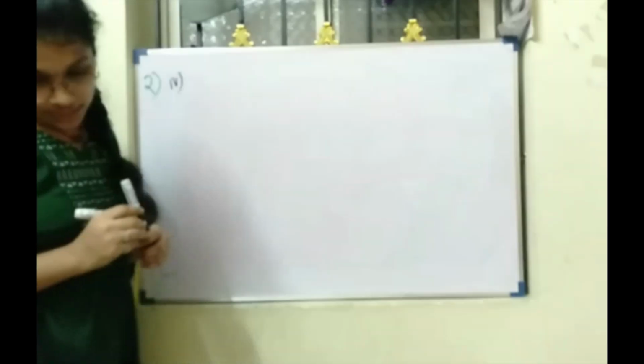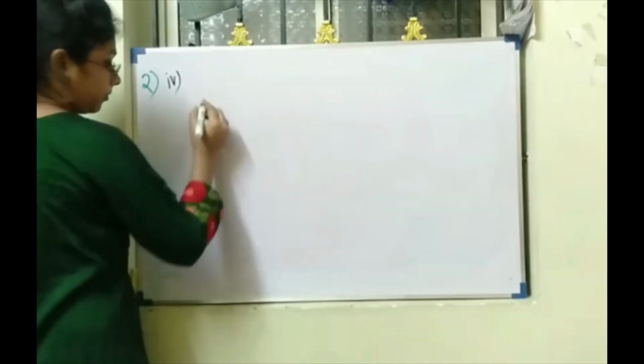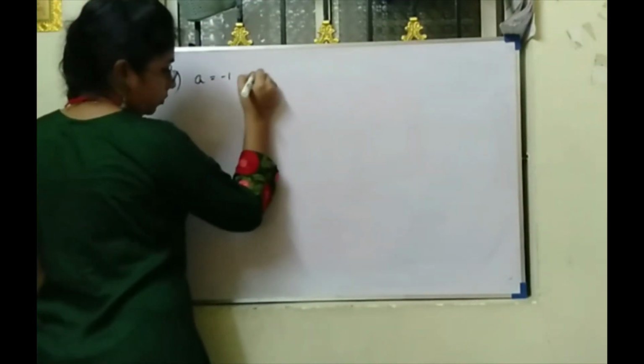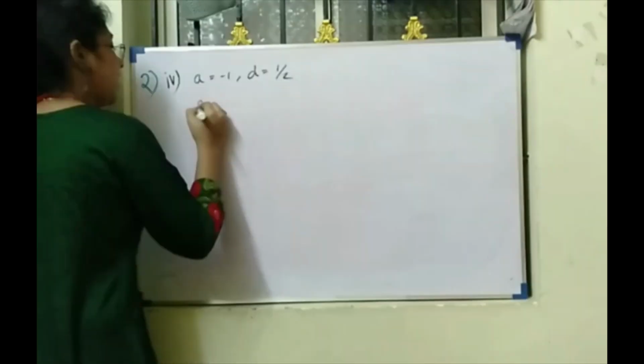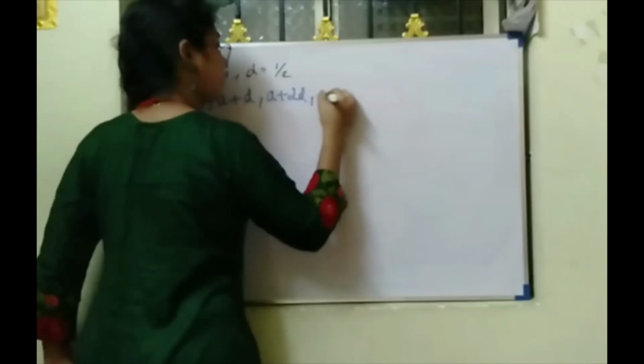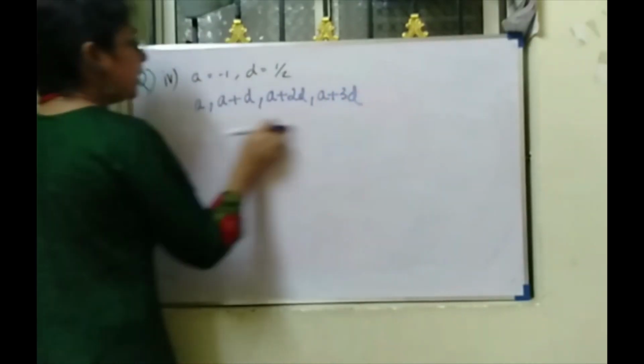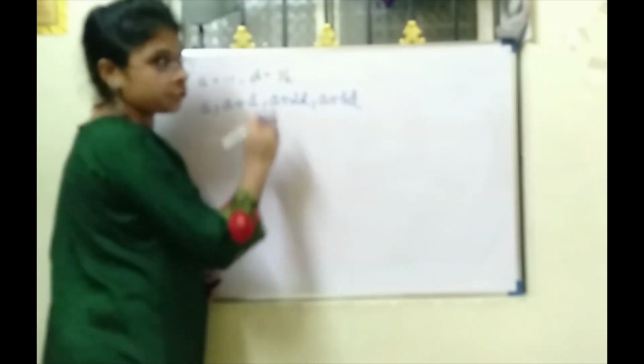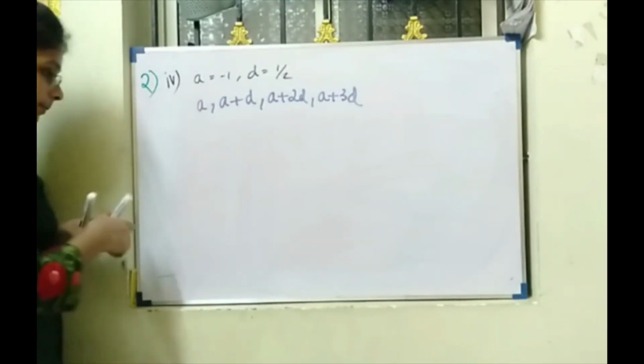The fourth sum is A is equal to -1, D is equal to 1/2. A, A plus D, A plus 2D, A plus 3D. There are only four terms because they asked us to find only four terms.